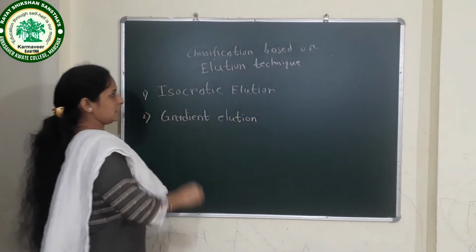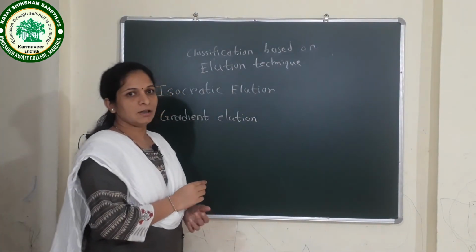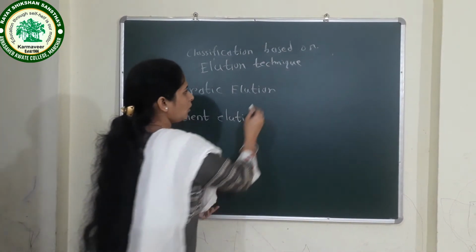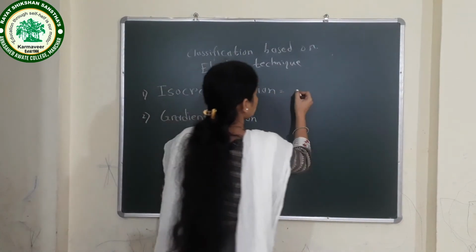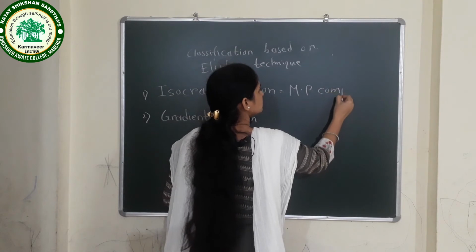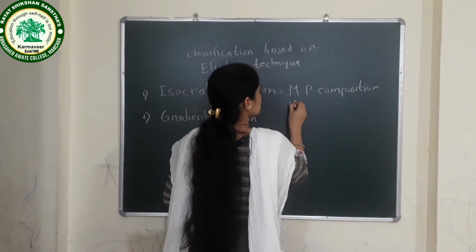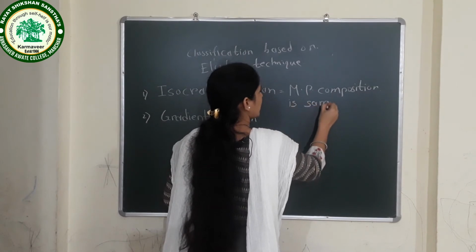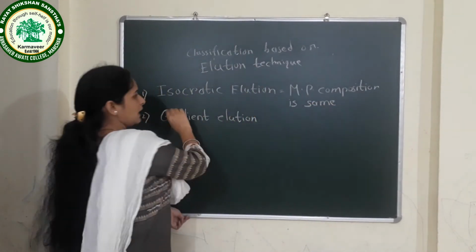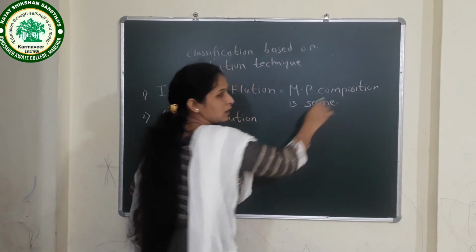Now in isocratic elution, what happens? The mobile phase composition is the same throughout the process. In isocratic elution, mobile phase composition is the same throughout the process.